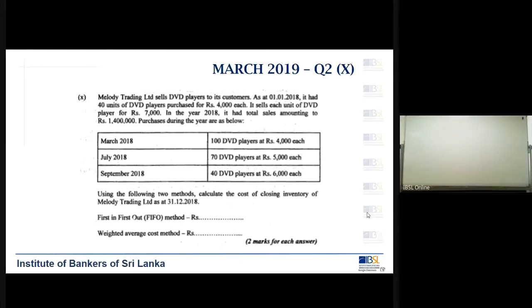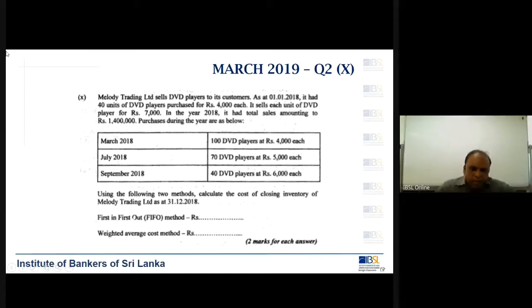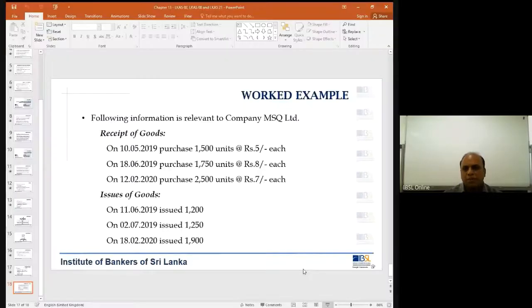So you have to be very careful in doing it quickly. Okay. So I'm going to leave it with you all for you to give an attempt. Those who are having answer books, don't refer to the answers, but give it a try on your own using the two methods. And you have to be mindful that this is an MCQ question. Okay. Right.